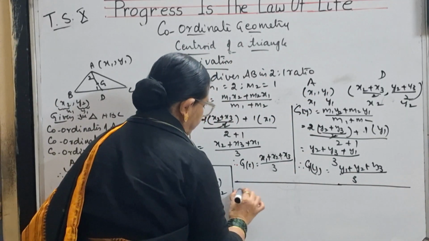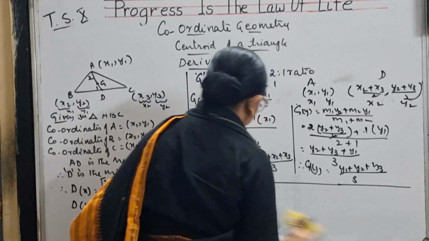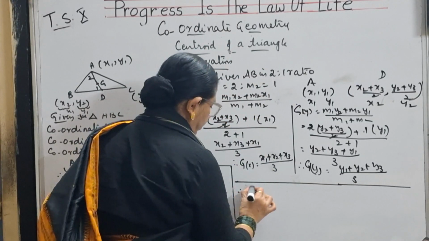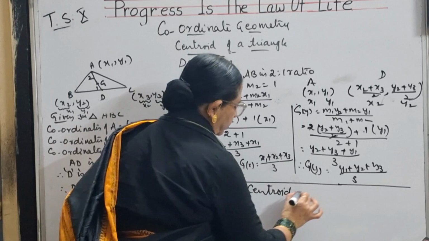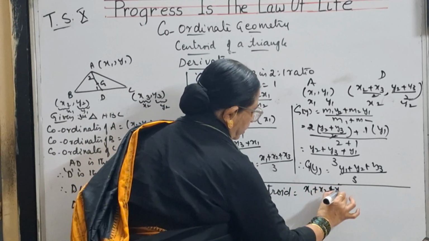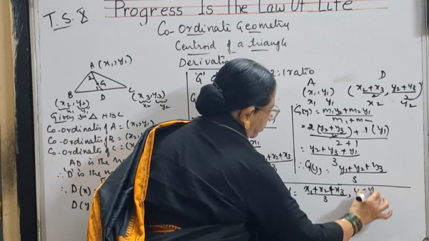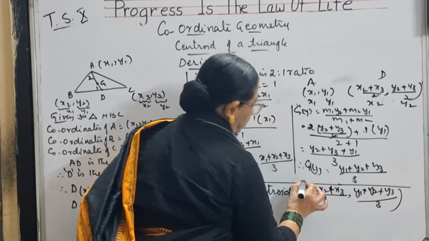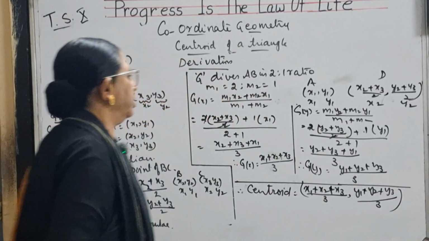Therefore, the centroid formula is x1 plus x2 plus x3 by 3, comma y1 plus y2 plus y3 by 3. So this is the derivation of the centroid formula, children.